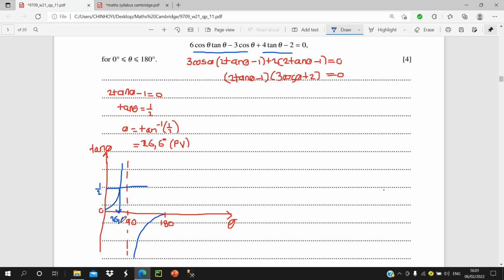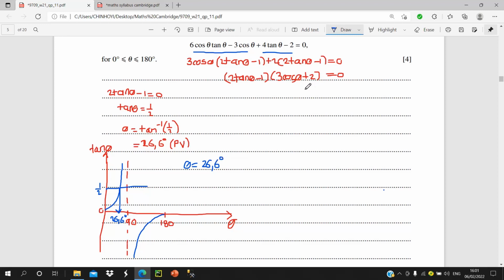So the first solution of theta is 26.6 degrees in the given range. So here we have our first solution.